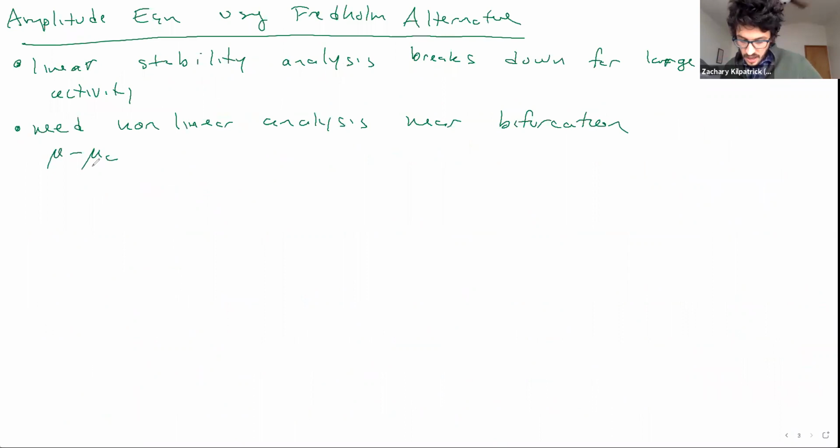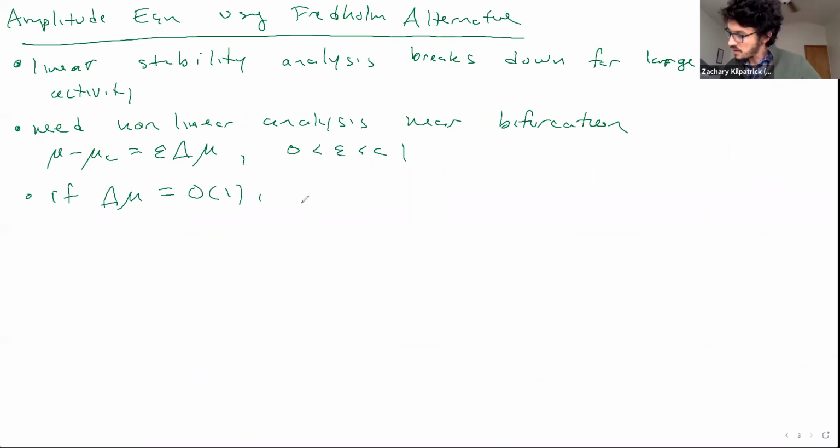So if we're close to there, then that means that this is going to be small, some small deviation from mu c. And of course, like with everything, epsilon is small, okay? So if delta mu equals order 1, okay, then we have mu minus mu c is equal to order epsilon, okay?